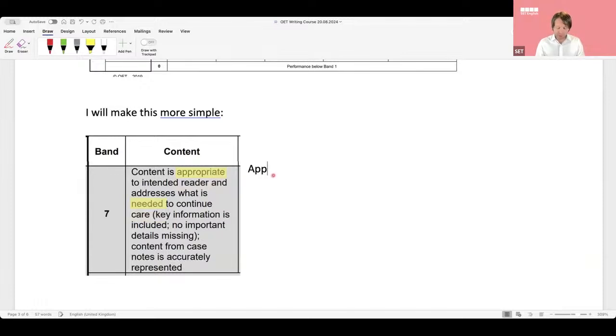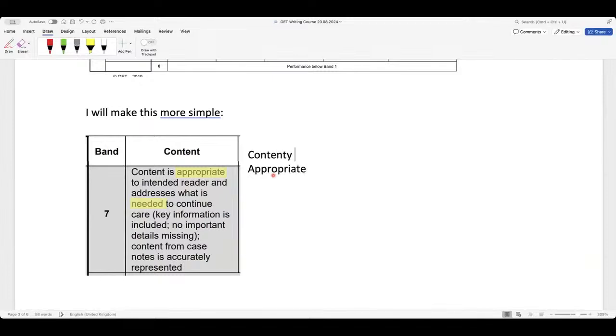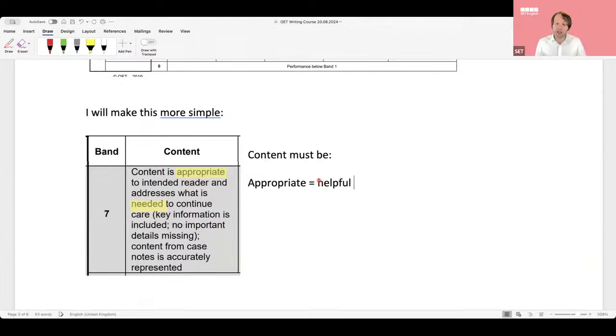What does appropriate mean? Carmen, what does that mean to you? It's not that important, but still it helps you to know what to do. I don't know, it's helpful. Yeah, I would agree. Guys, appropriate is helpful, is useful.